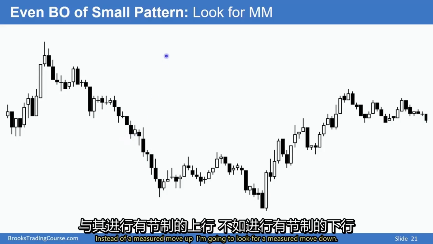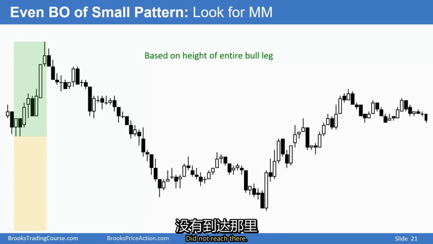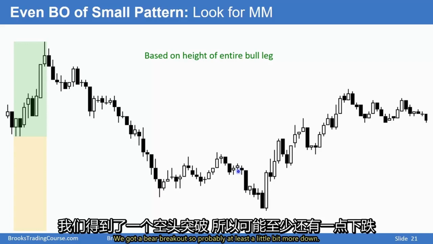Instead of a measured move up, I'm going to look for a measured move down. Measured move projection is down here, did not reach there. Bear breakout here, tried to find a base here. We got a bear breakout, so probably at least a little bit more down.